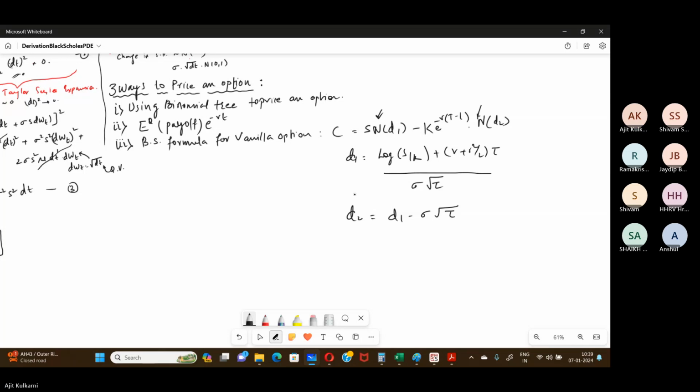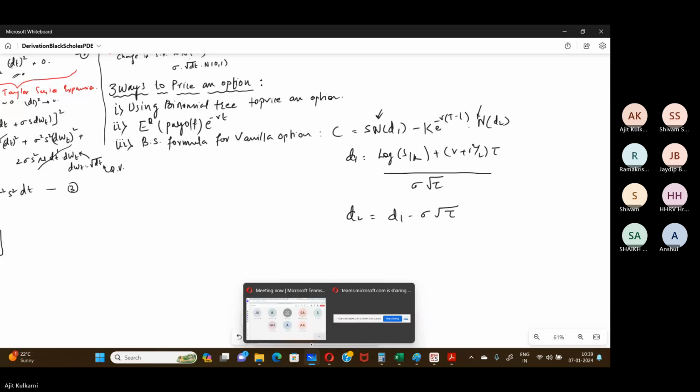So far so good. We have seen these 3 ways to price an option. Any questions so far?